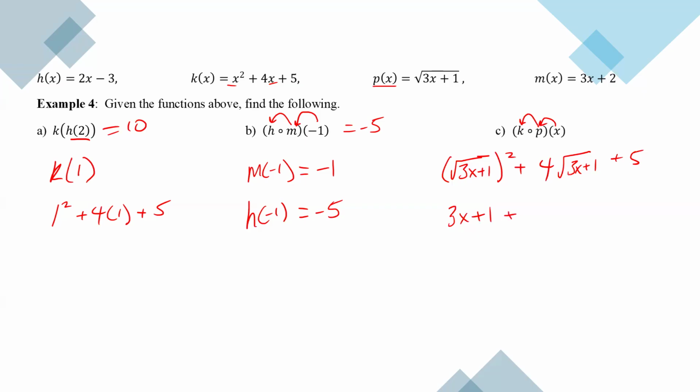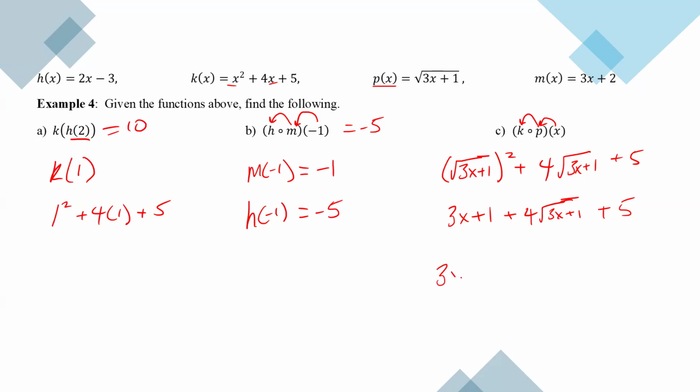Okay. Can I do anything here? I can't do anything to the 4 times the square root of 3x plus 1 plus 5. All right. Keep evaluating. Combine like terms. What are my like terms? 1 and 5.